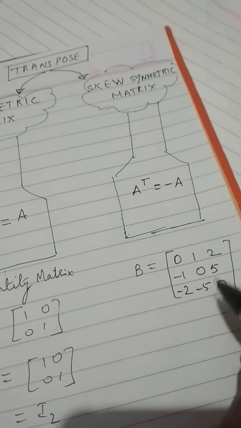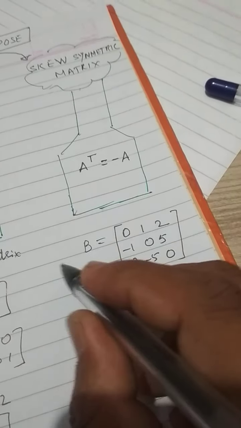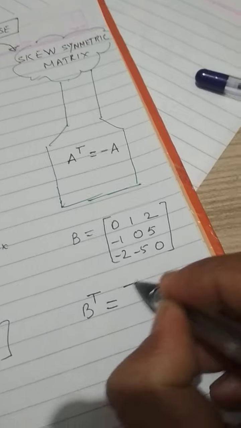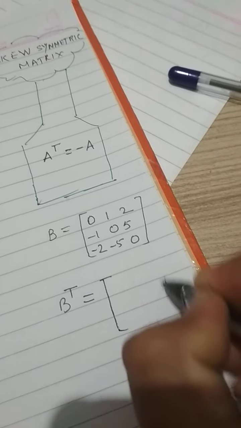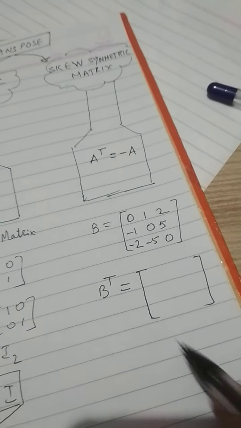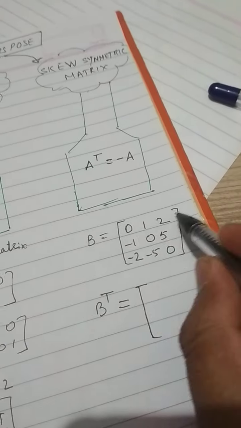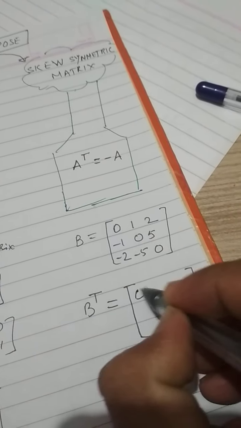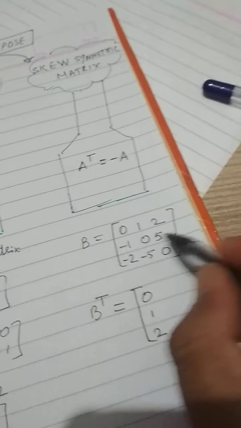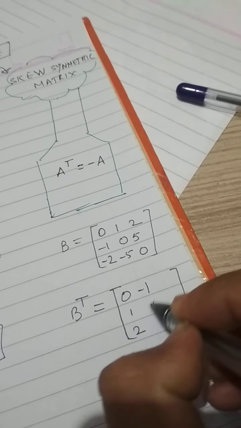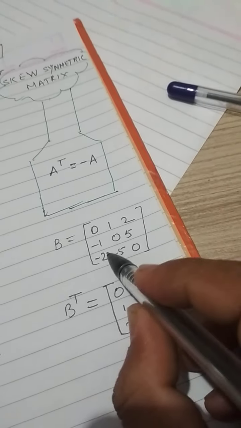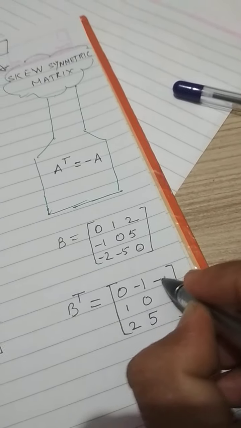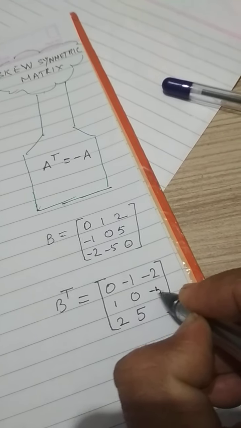If you consider its transpose, B transpose, what are you going to get? The first row will become the first column: 0 1 2. The second row becomes the second column: -1 0 5. And the third row becomes the third column: -2 -5 0.